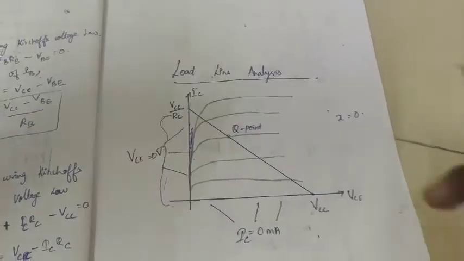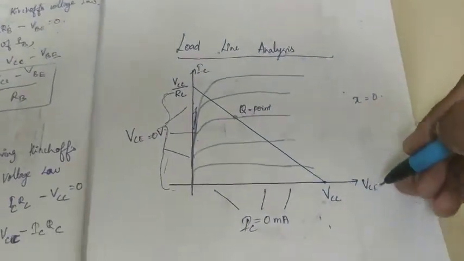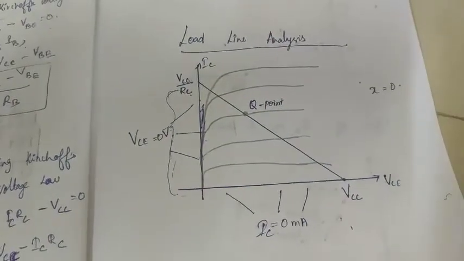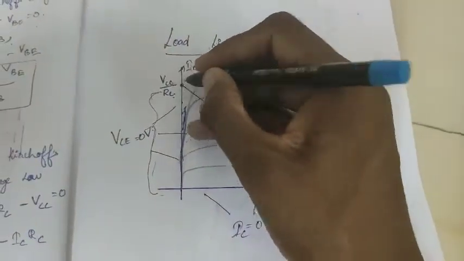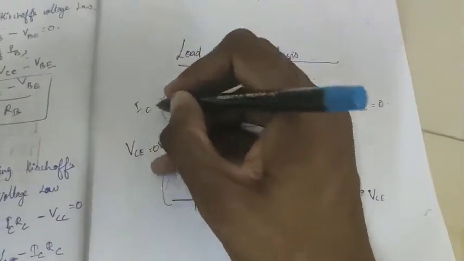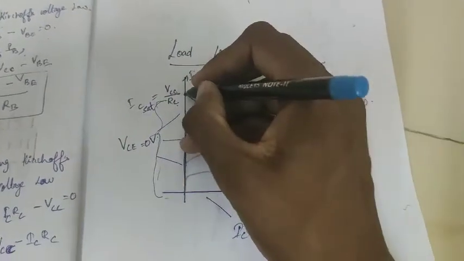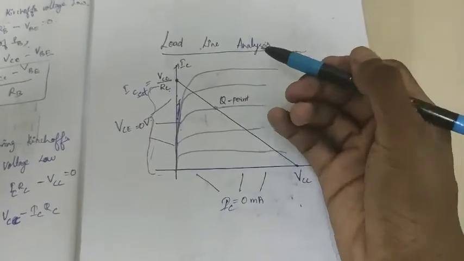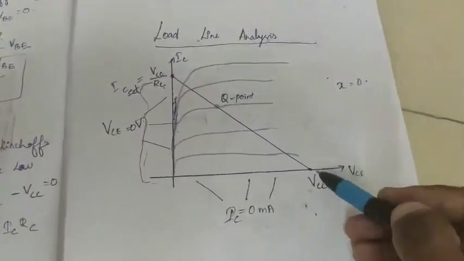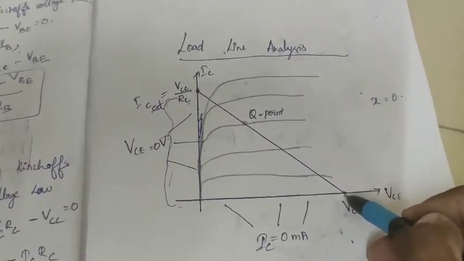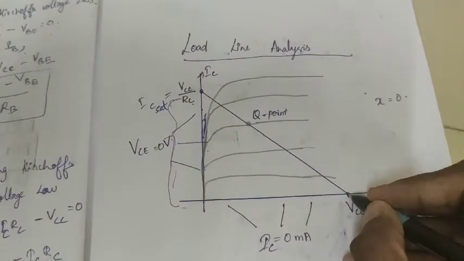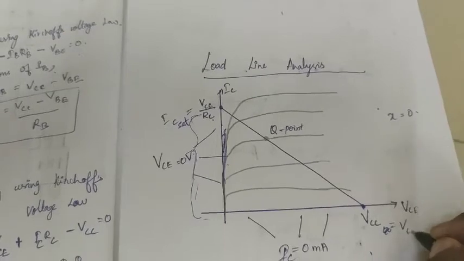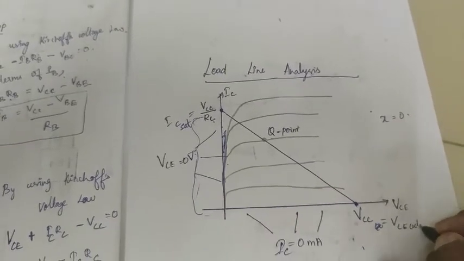And when we draw a load line, VCC by RC is simply IC saturation where 0 voltage occurs. So you can tell this is IC sat, where 0 voltage occurs. It can be anywhere, here also, your wish. And VCC is equal to VCE cutoff.